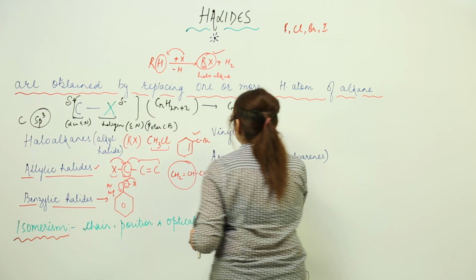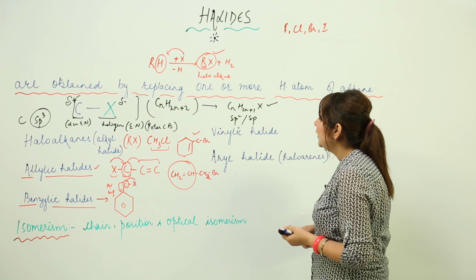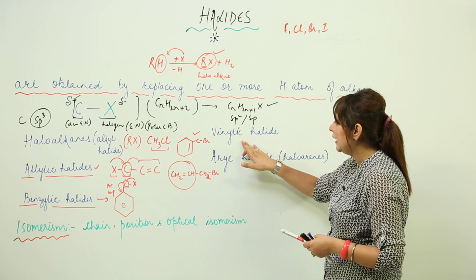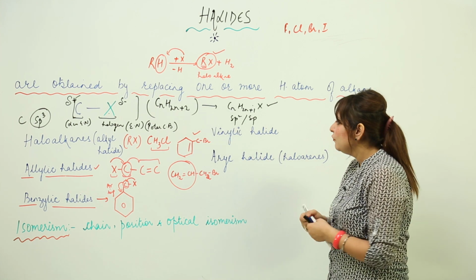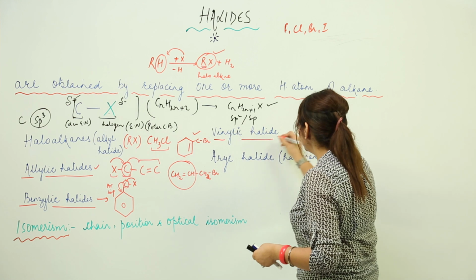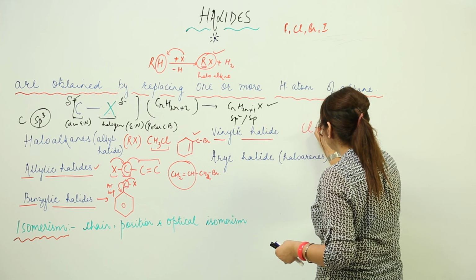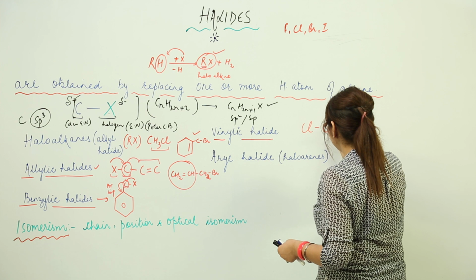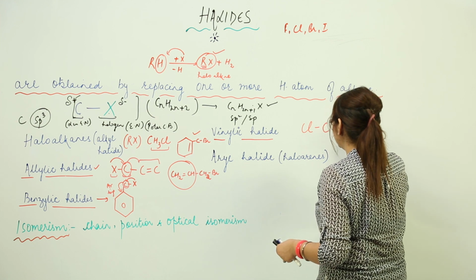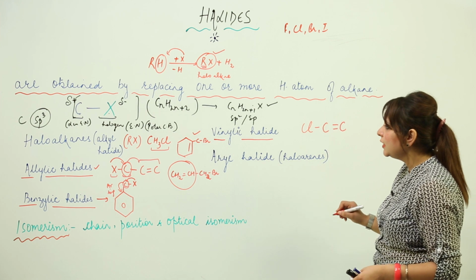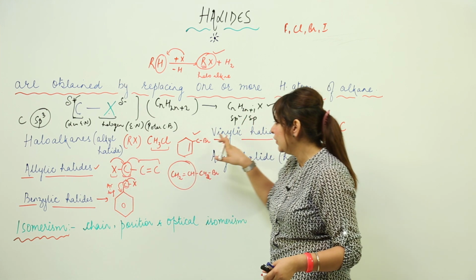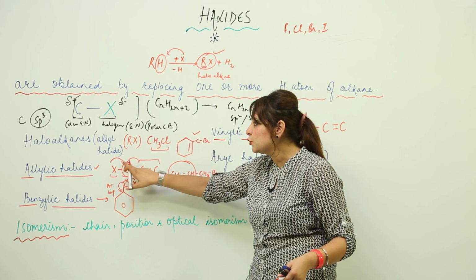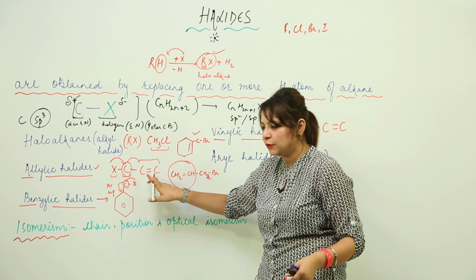And coming to the sp2 and sp hybridized, we have two kinds of compounds, vinylic halides and aryl halides. Vinylic halides are those in which the halogen is directly attached to the carbon which is a part of an unsaturated system. So actually there is a difference between the allylic and the vinylic. In the allylic it is attached to a carbon which is further attached to an unsaturated system.